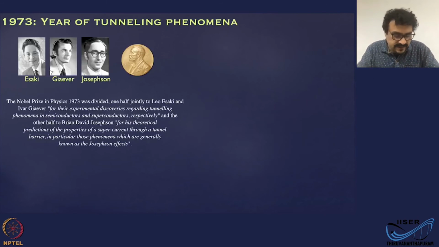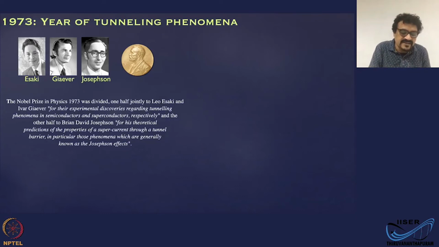So this set of phenomena where the tunneling of Cooper pairs happens between two superconductors which are connected by a weak link or a tunnel junction or insulating layer, is called the Josephson effect.